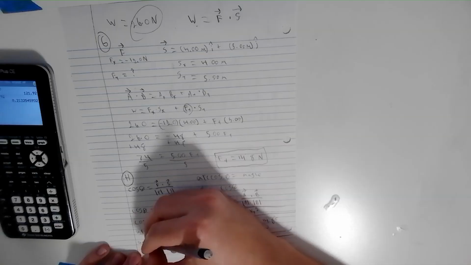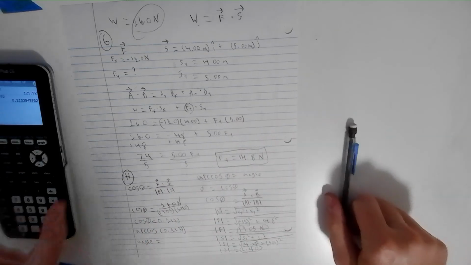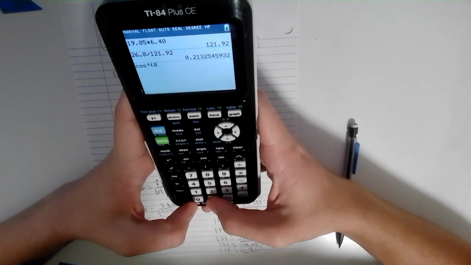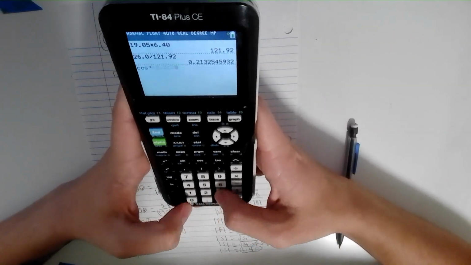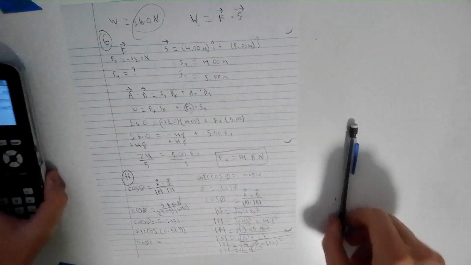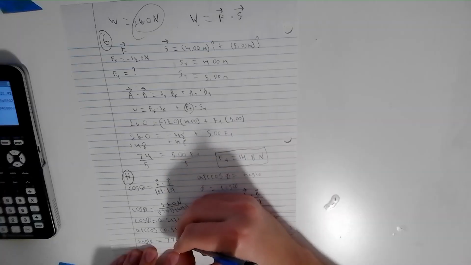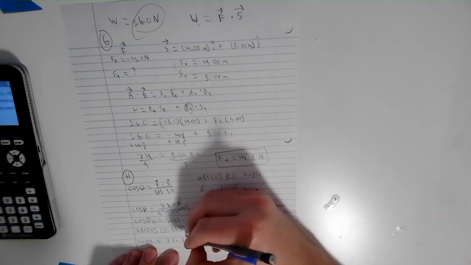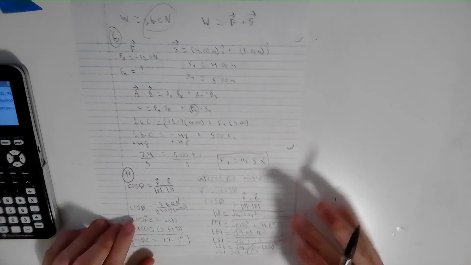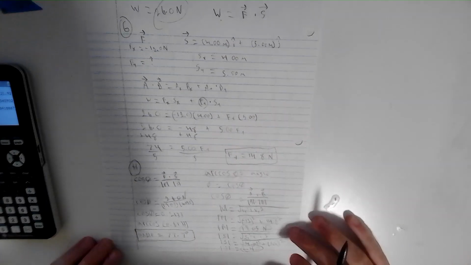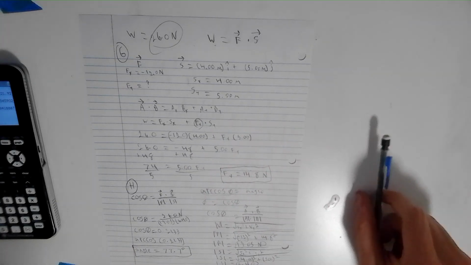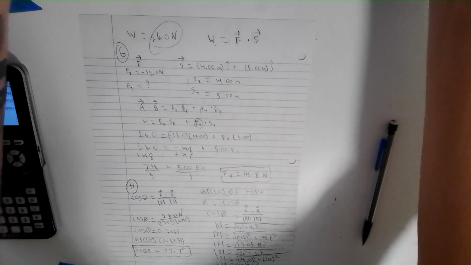You plug that in, and bam, 77.68. We'll round that to 77.7 degrees. That's part H, and that's the whole thing.